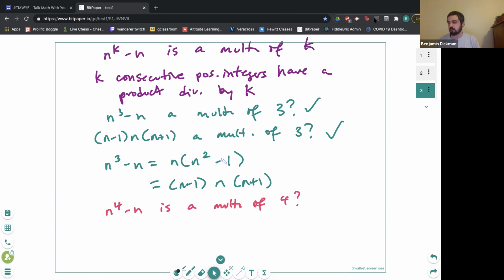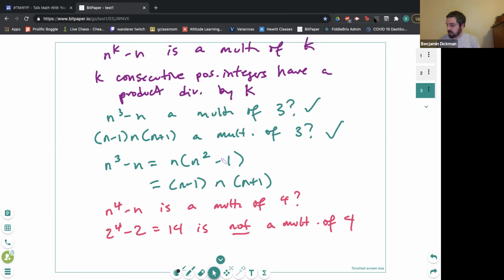But if you plug in 2, 2 to the 4th is 16, minus 2 is 14. Oh no, it's not a multiple of 4. Whereas with the second generalization, if you multiply 4 numbers in a row, it will undoubtedly be a multiple of 4.